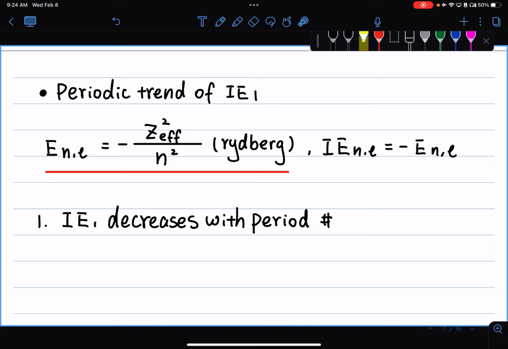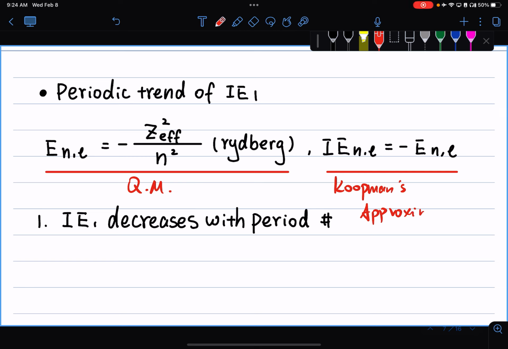And that energy has units of Rydberg. And this part we just went over. That's just Koopmans' approximation. So this part is QM. This one is Koopmans' approximation. The ionization energy of atomic orbital nl is roughly equal to the negative electronic energy of that atomic orbital.